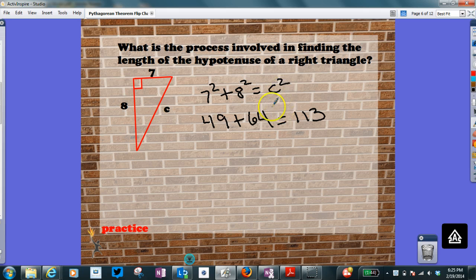So if I want to find C, I've got to take the square root of 113, and that's going to give me a nice decimal. I'm just going to round it to the nearest tenth, so I'll get 10.6. Again, if you ever do this and it's less than these two, then there's a problem.